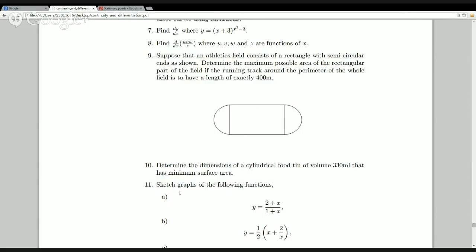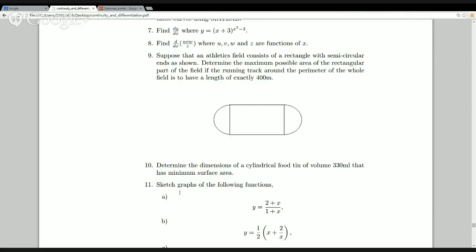Now the question asked us to maximize this area. Find what's the maximum possible value of the area. Well, this concept of stationary points we've introduced allows us to find out where the stationary points are and allows us to classify them into either local minimums, local maximums, or stationary points and so on. Okay.